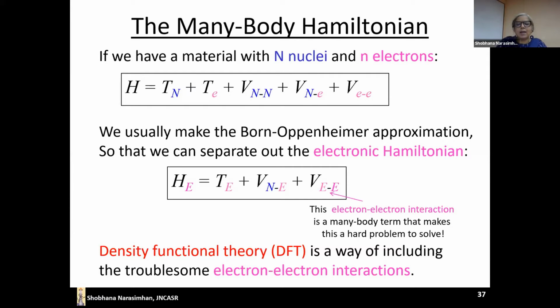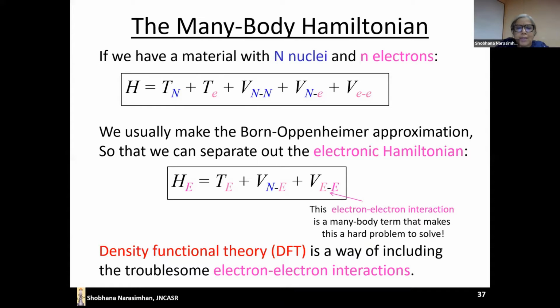You can make the Born-Oppenheimer approximation, so you separate out the electronic Hamiltonian from the nuclear Hamiltonian. The electronic Hamiltonian has a kinetic energy, the potential energy between the nuclei and the electrons, and the potential energy between the electrons. It's this electron-electron term that's problematic because it makes it a many-body problem, which we don't know how to solve. And density functional theory is a way of including these troublesome electron-electron interactions.